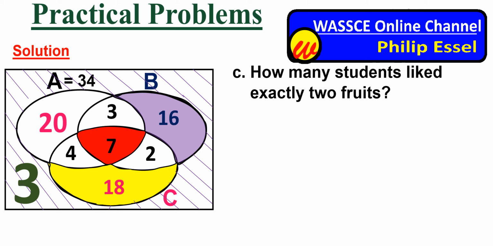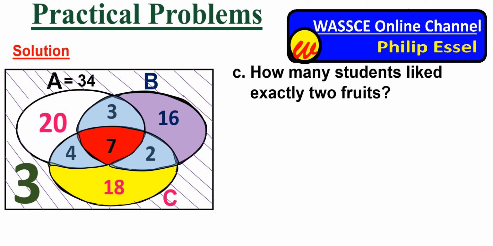In other words, only 2 fruits. So these are the regions on the Venn diagram where students like exactly or only 2 fruits. The blue regions. So we would have to add the numbers together to get our answer.